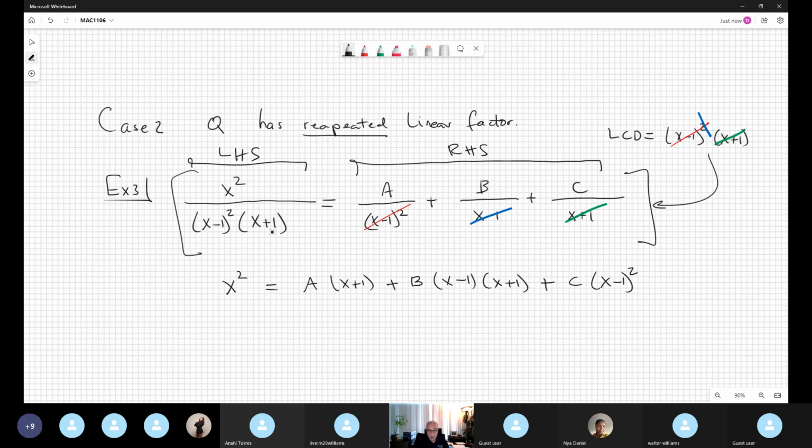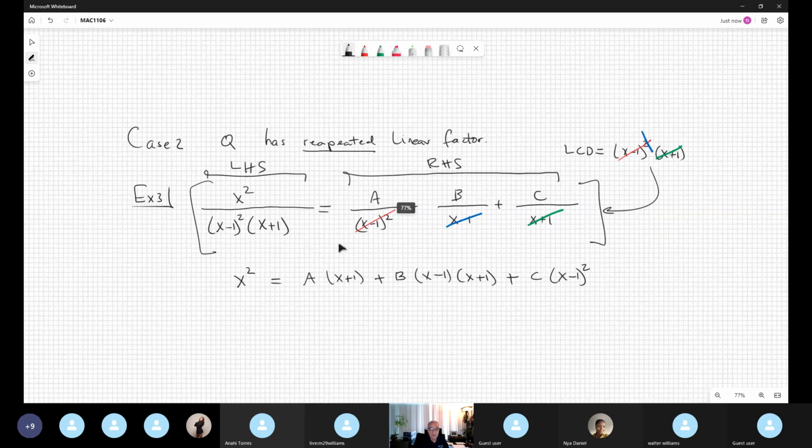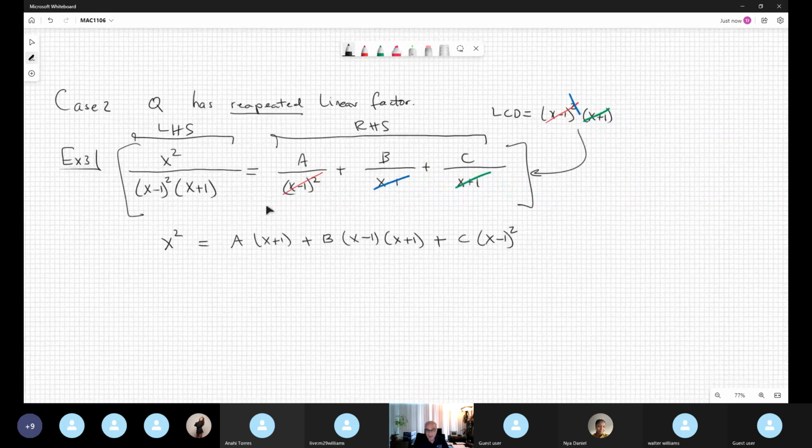However, how many smart values do we have in my problem? Remember, a smart value is a value that, when you plug it in, makes 0 one expression. Suppose that I take x equal 1 intentionally. Because I know that 1 minus 1 is 0, and 1 minus 1 is 0. I take only A. It's 1 squared, the 1 is equal to A times 1 plus 1. Here 1 minus 1 is 0.